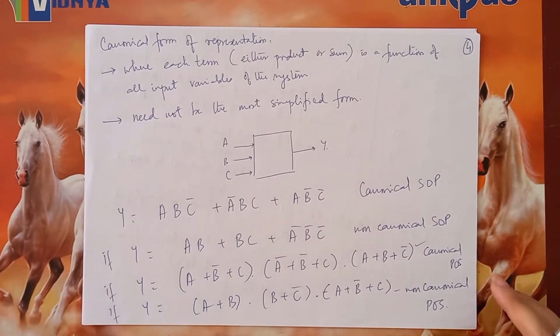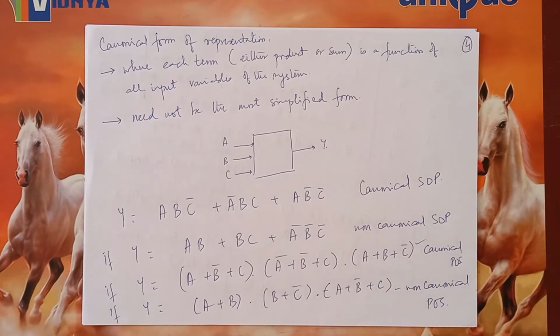So the knowledge of this kind of representation is very important. Canonical is a very standard way of representation which may not be the most simple, but it certainly provides a uniform playing field for all the possible logic functions.